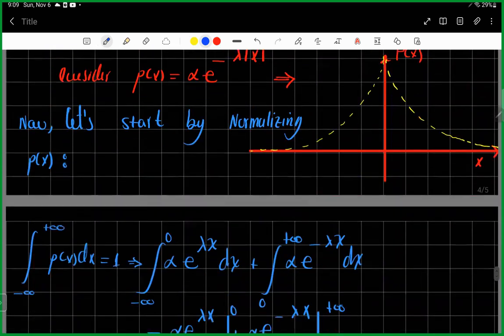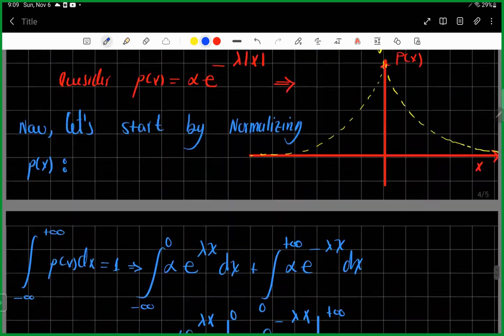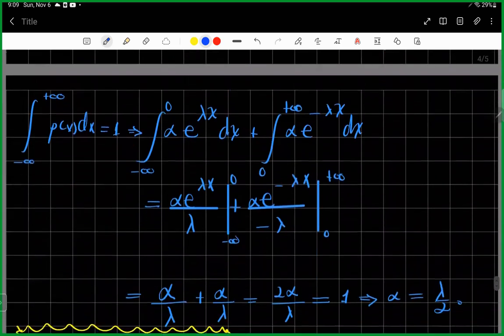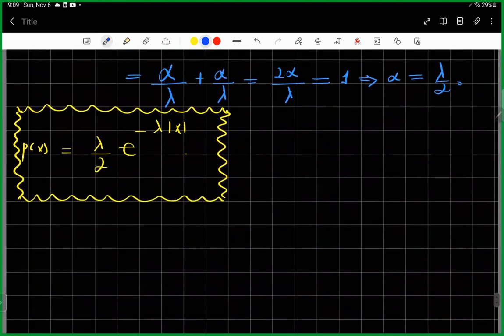Let's check just 1 minute. Are these two values here of x? Okay. So we have that x1 will be the square root of f, and x2 will be minus the square root of f.